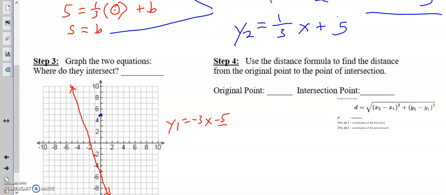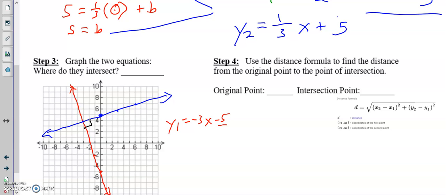My slope is 1/3 positive. So I'm there. Up 1 over 3. Up 1 over 3. Up 1 over 3. I'm there. Okay. This is, in fact, perpendicular because they're opposite reciprocals.